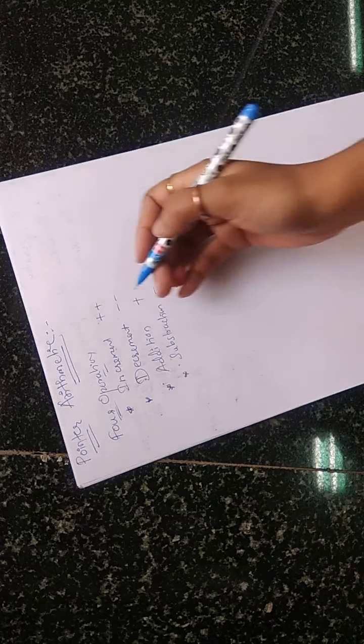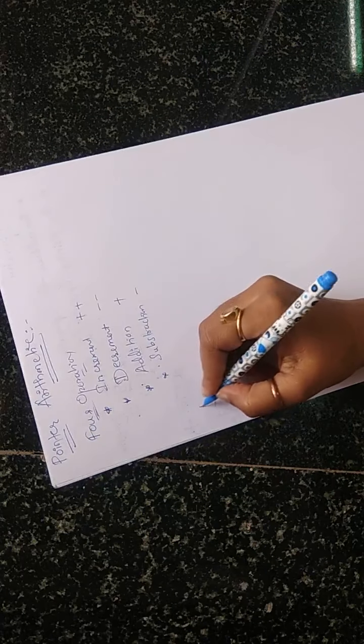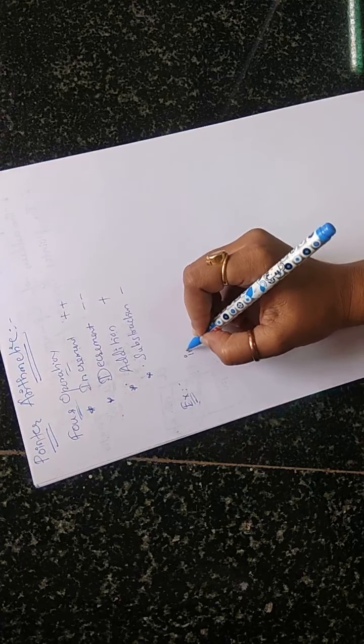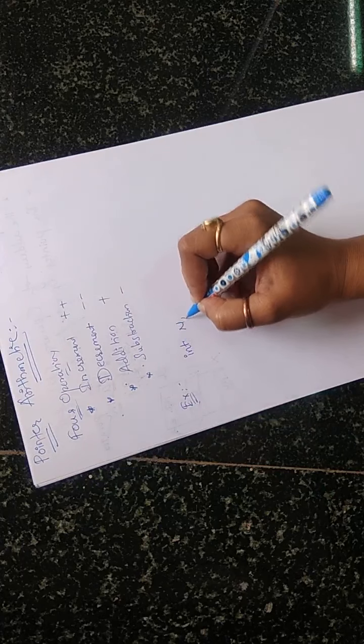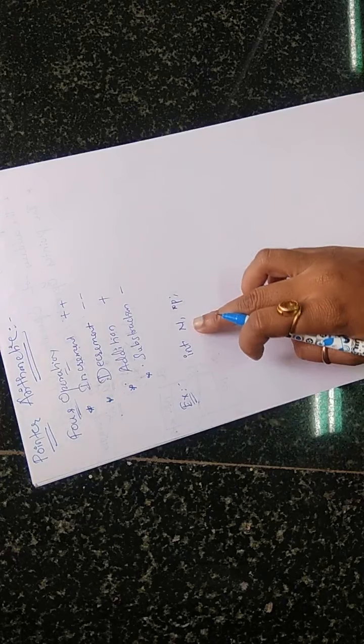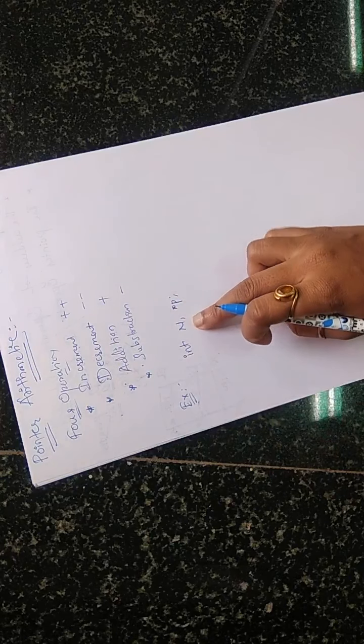I'll take one small example, just 4 lines of code, which will show how we can perform these operations. I declare 2 variables, int n and int *p. Here n is a normal variable and *p is a pointer.